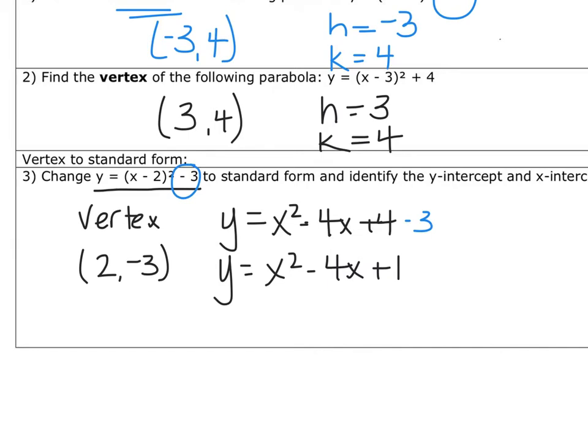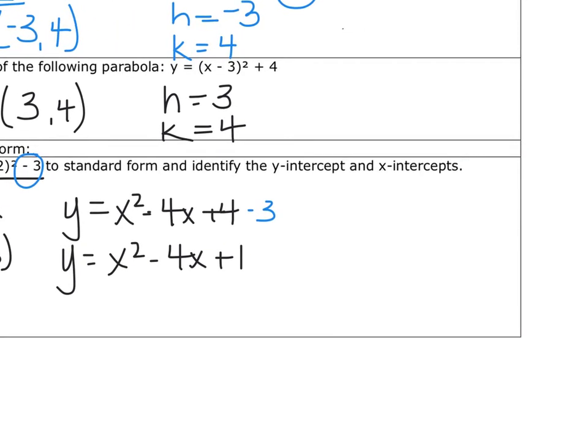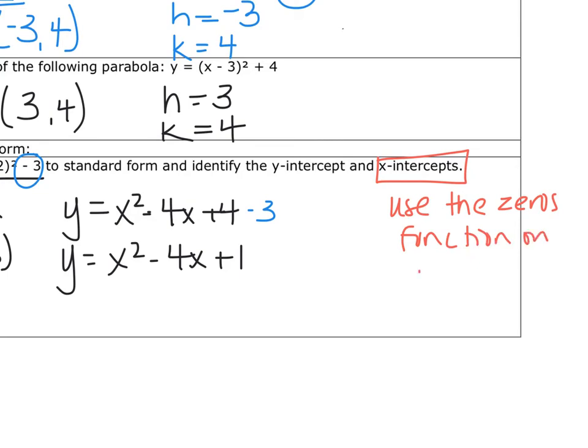So how are we going to factor that? Well, we certainly can't find factor pairs of 1 that add up to negative 4. So to find the x-intercepts, you're going to have to use the zeros function on your calculator.